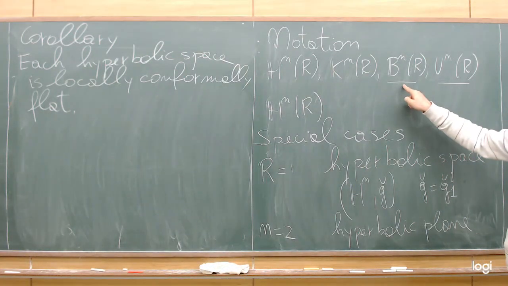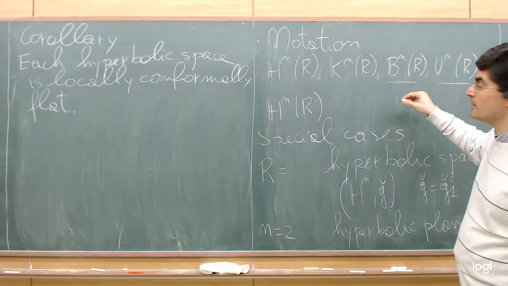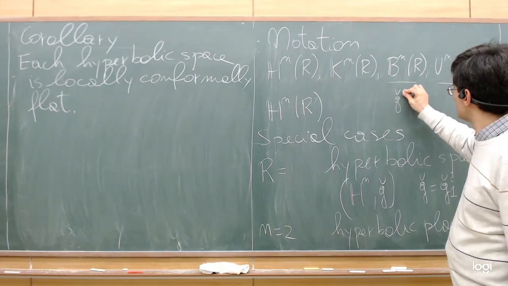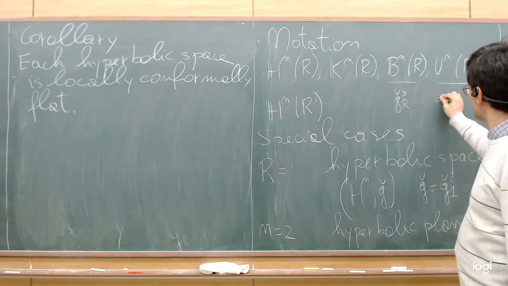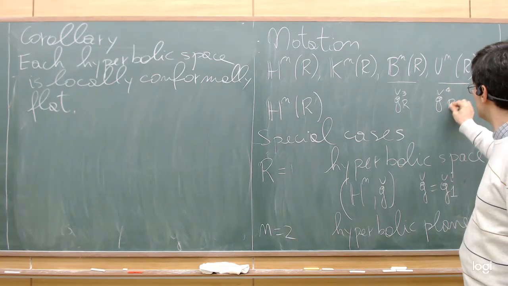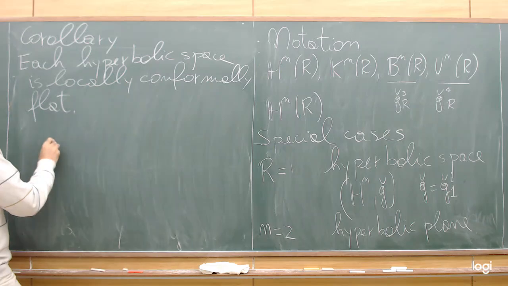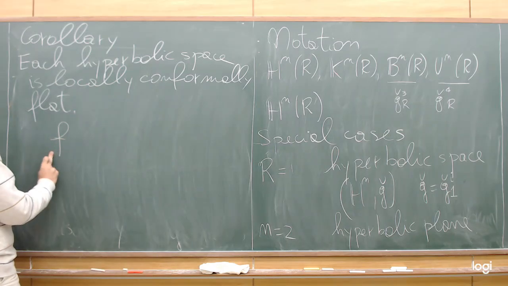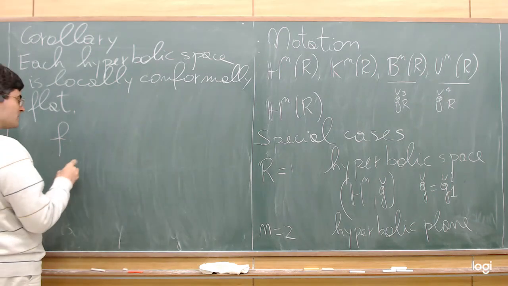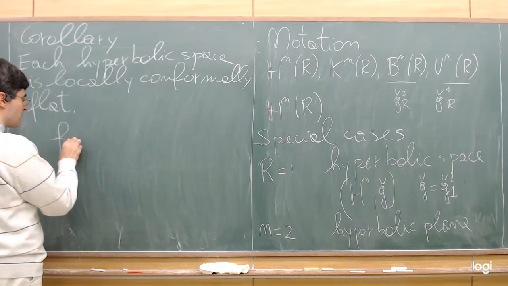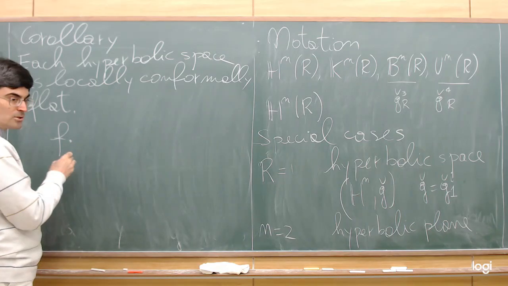Because if you look at the corresponding metrics, G-Chesh 3R and G-Chesh 4R, they are given by a positive function times a metric which is Euclidean.